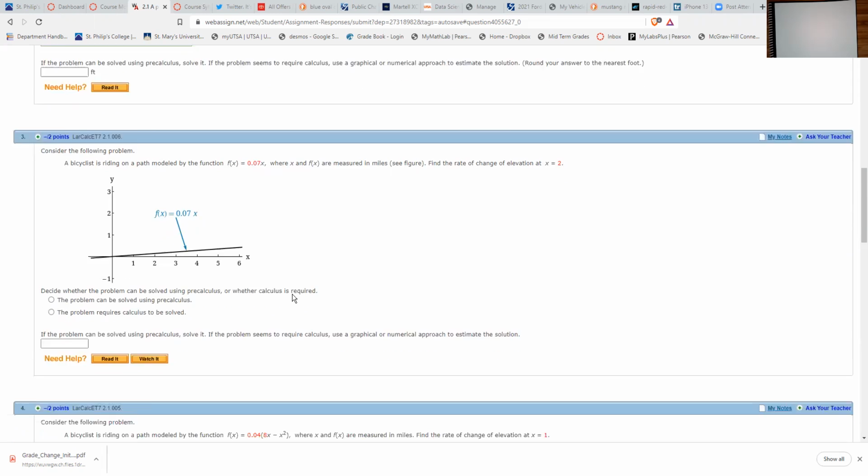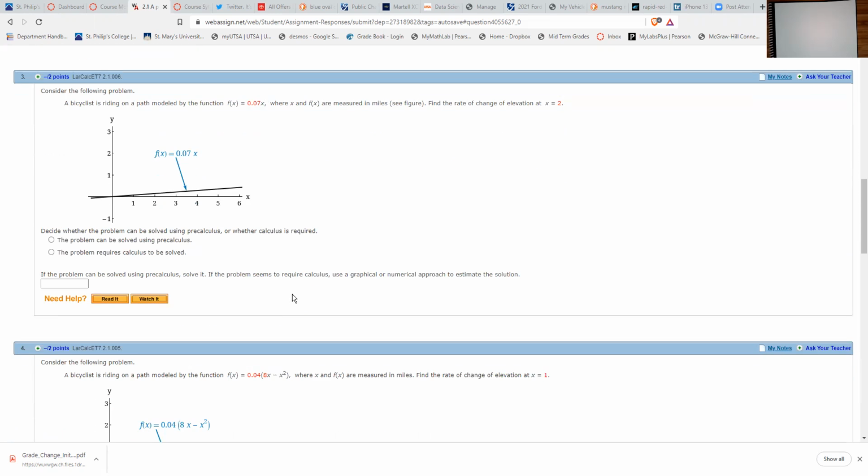What do you guys think? It can be solved using pre-calculus. Yeah, I think so too. As soon as I saw rate of change, we think back to high school algebra or college algebra. We think, well, when we had lines, that was just called the slope, right? Do you remember that?